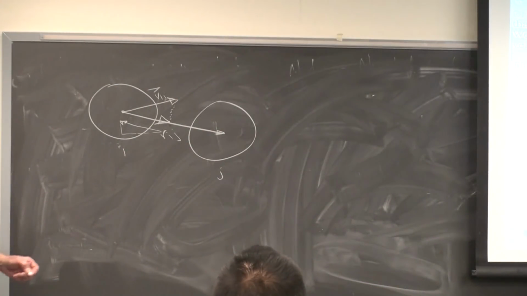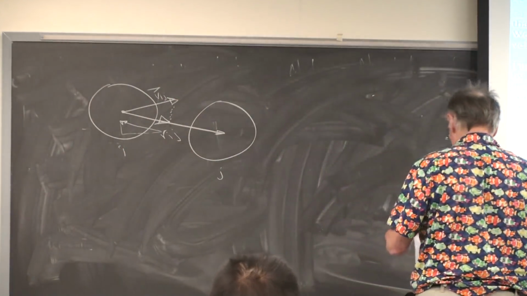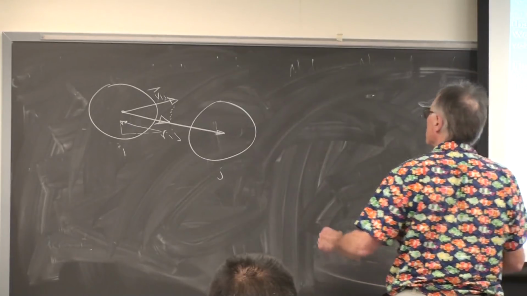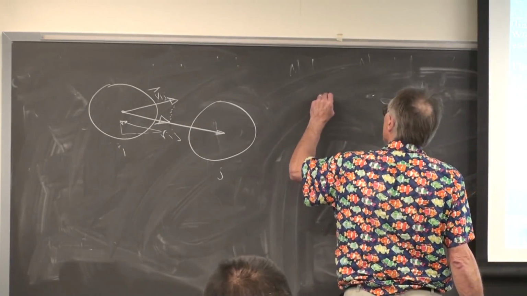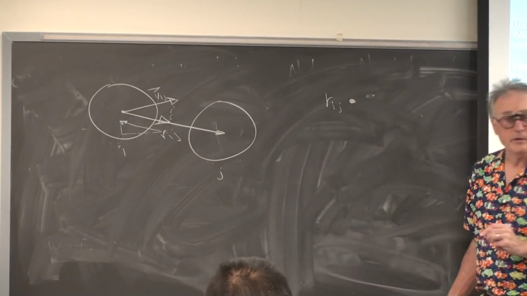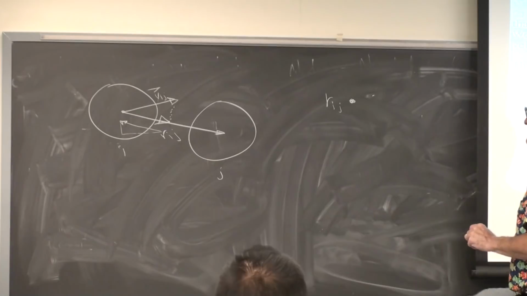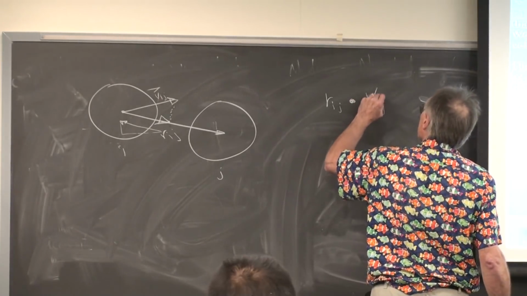You probably all remember how to project one vector onto another. We're going to take Rij and dot it. That's the dot operator, not multiply, not scalar multiply. It's the dot operator times Vij.